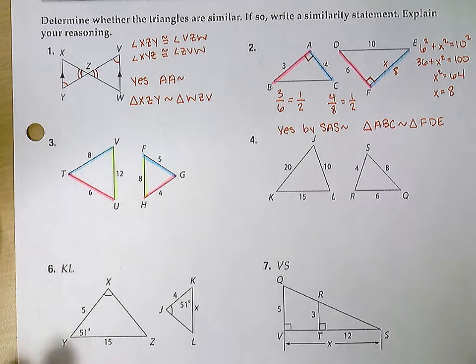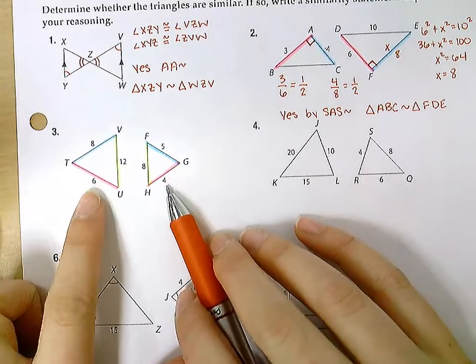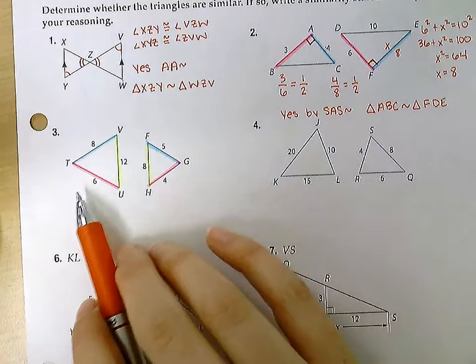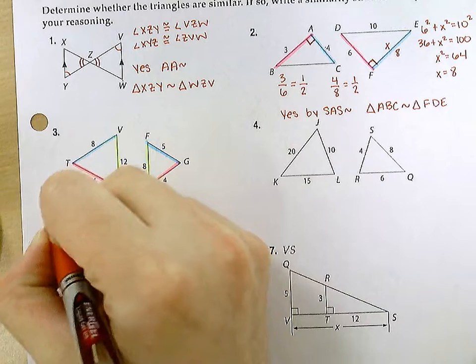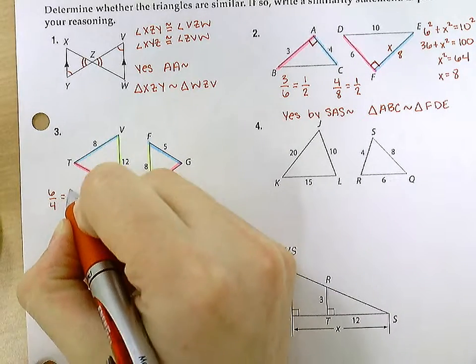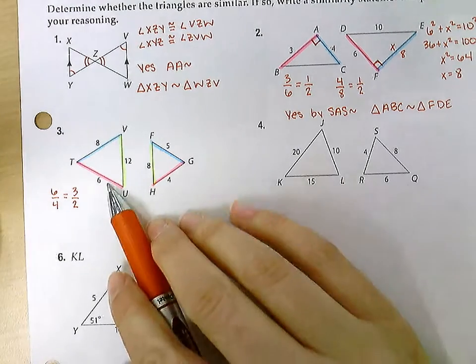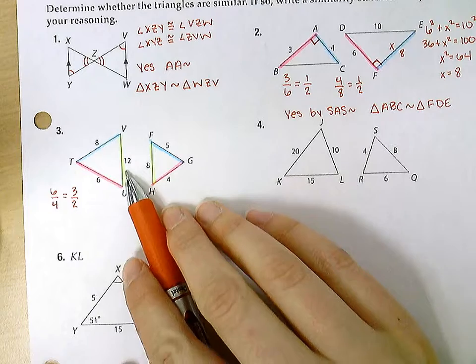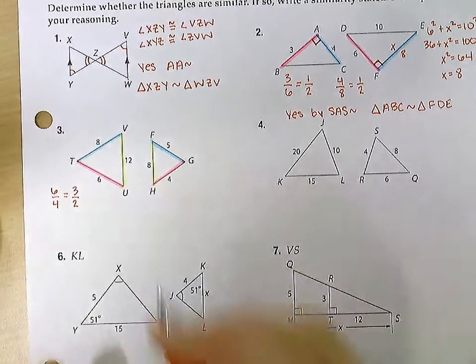Now I'm going to check each of the ratios. I'll just start with my pink ones that I have right here. Going from this triangle to that one, I'd have a ratio of 6 to 4. And again, you want to reduce that ratio to 3/2. Just moving around my triangle here, I have my side of 12 to my side of 8.